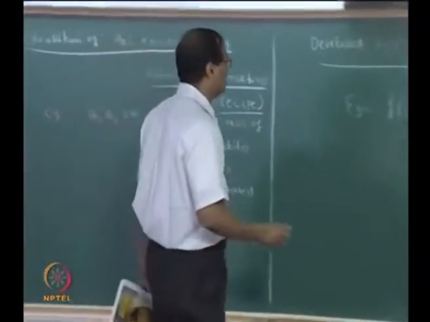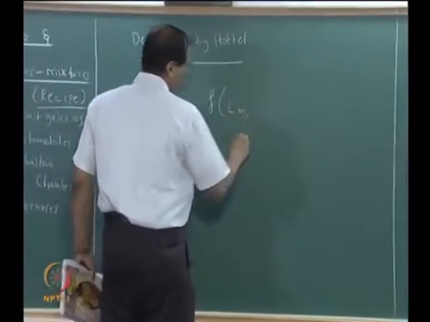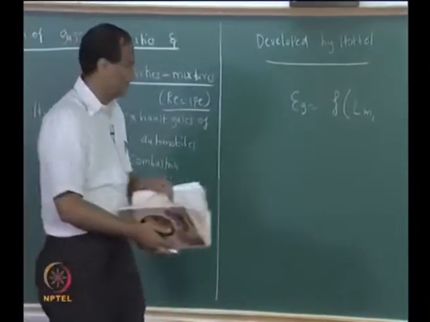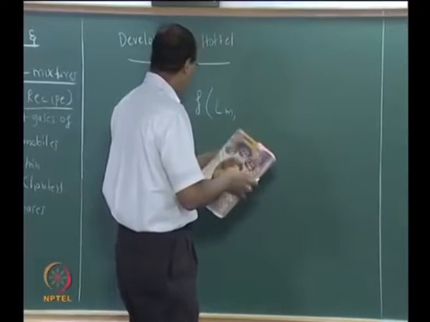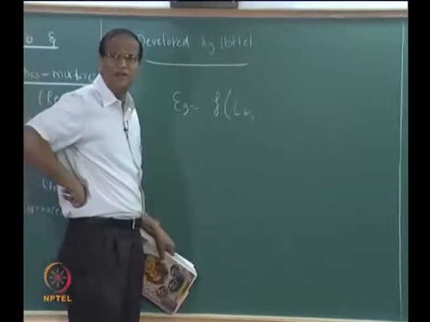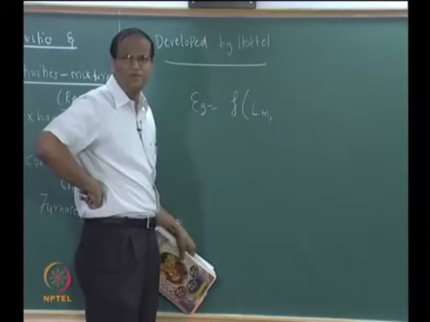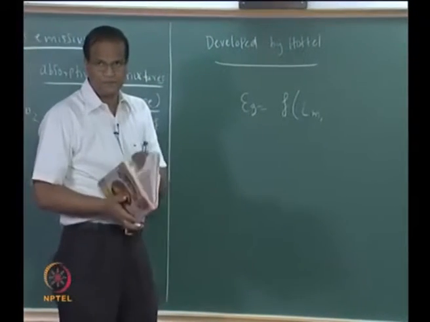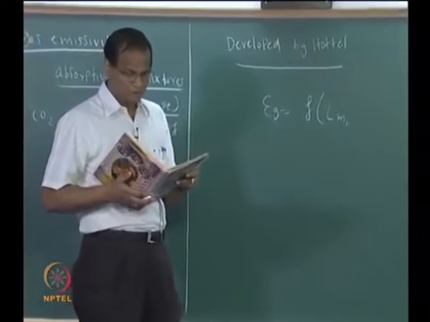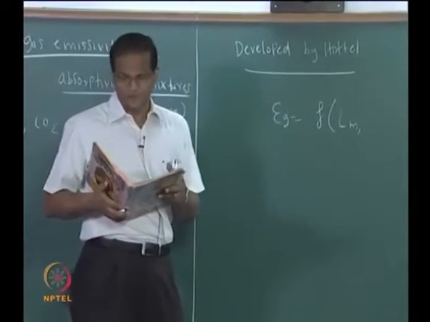So, can we start with mean beam length? Okay, mean beam length. So, epsilon g, why should it vary on optical depth? Optical depth will decide the absorption, okay. No, that is not possible always, we will see that.